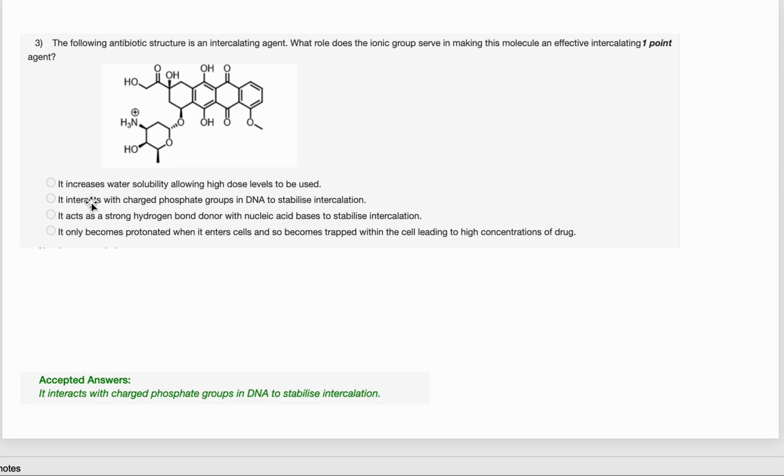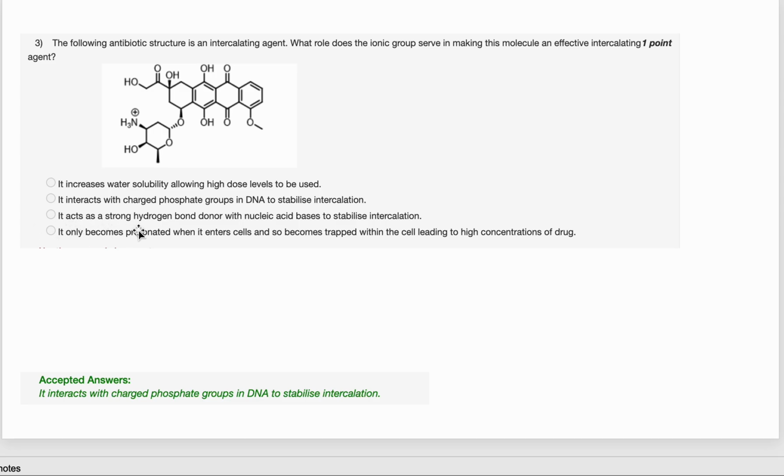The options given were: A, it increases water solubility, allowing high dose levels to be used. B, it interacts with charged phosphate groups in DNA to stabilize intercalation.